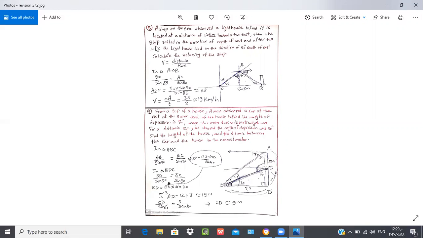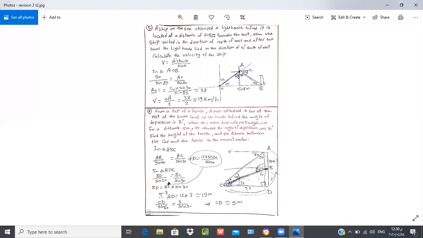Then the ship sailed in the direction north of east. He didn't say any angle, so the angle will be 45. If he didn't mention any angle, it means the angle will be 45 and 45. And go there and stop here.